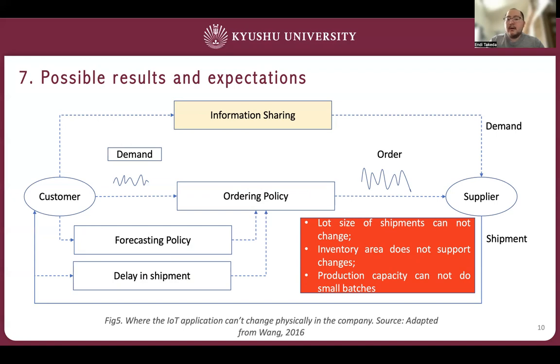And no matter how much we want to change the ordering policy or forecasting policy of the company, there will be these physical limitations that need either more investment or more thought about how to do it.